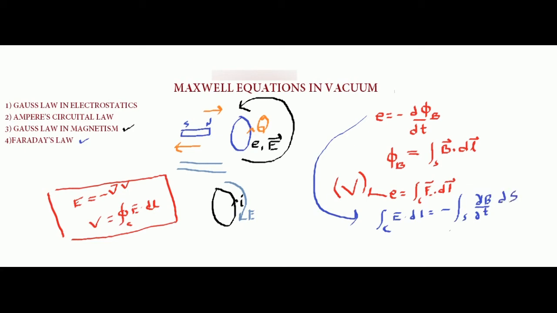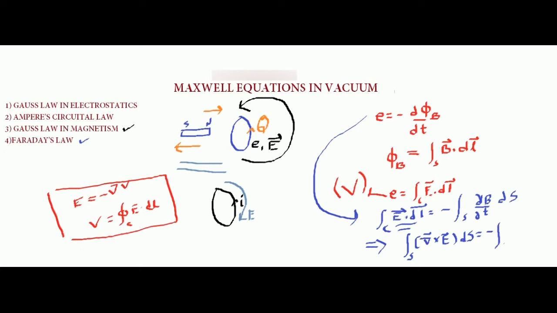Agreed. Now, on one side we have a line integral and on the other side we have a surface integral. By Stokes theorem we can convert this line integral into a surface integral via a cross product. So this can be written as a surface integral of del cross E. Remember, here we can take the curl of the electric field because the electric field generated by the changing magnetic field is itself rotatory in nature, which means it has a curl.